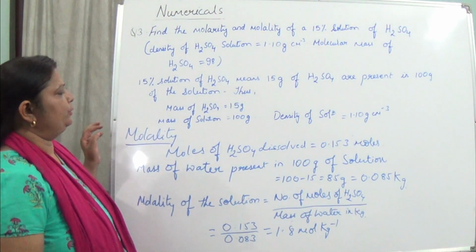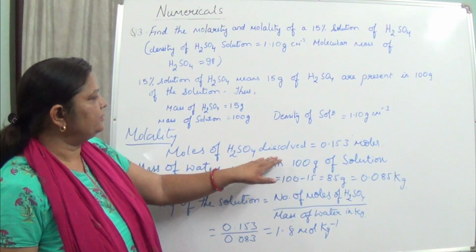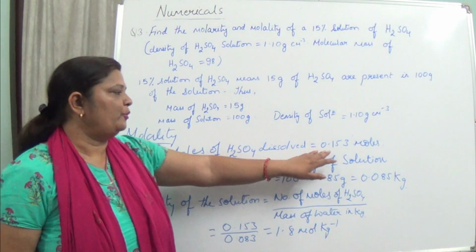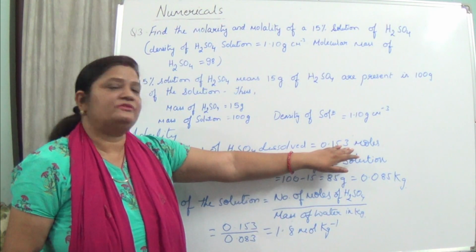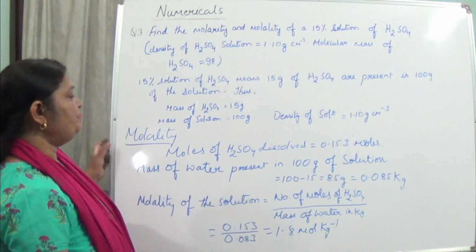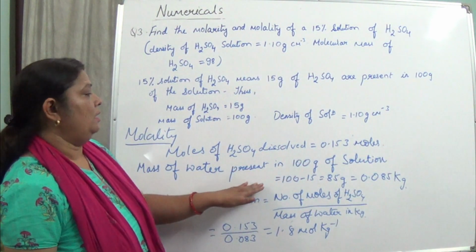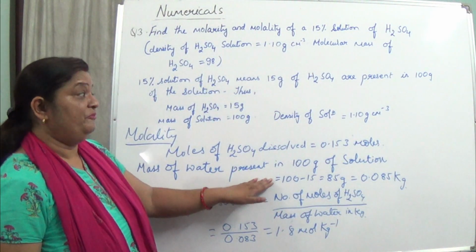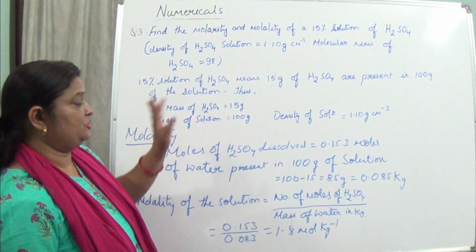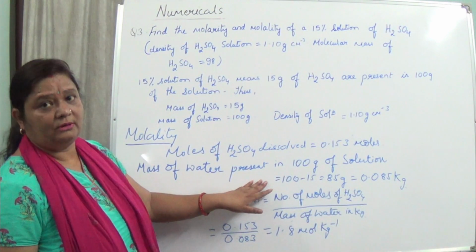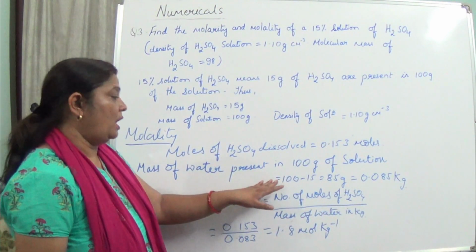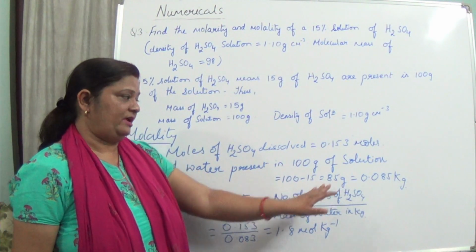Moles of H2SO4 dissolved is 0.153 moles, which we have calculated. Now the mass of the water present in 100 grams of solution. We are saying 15 grams of H2SO4 is present, so the rest will be water only. 100 minus 15 becomes 85 grams.